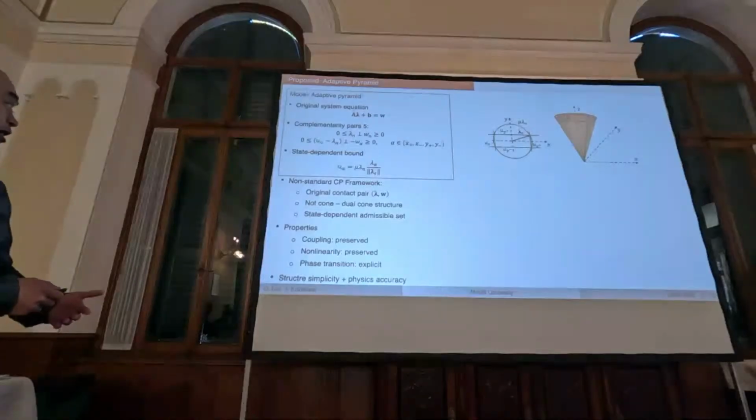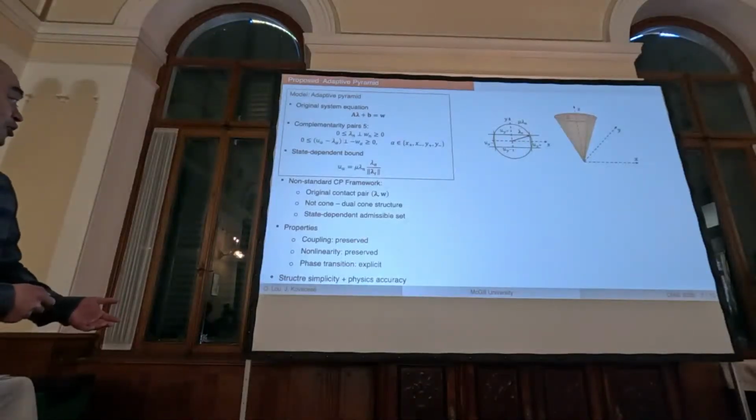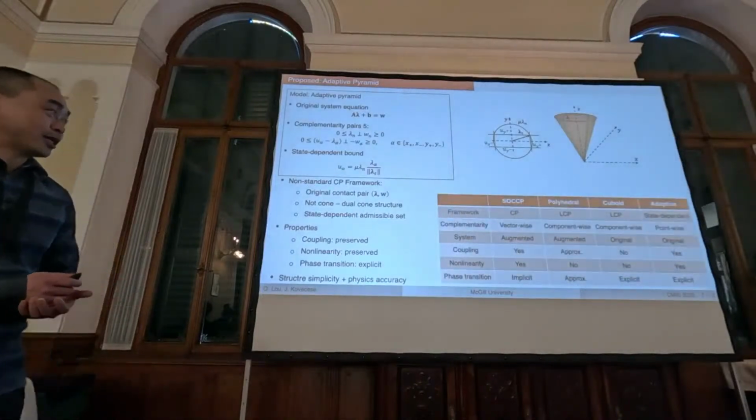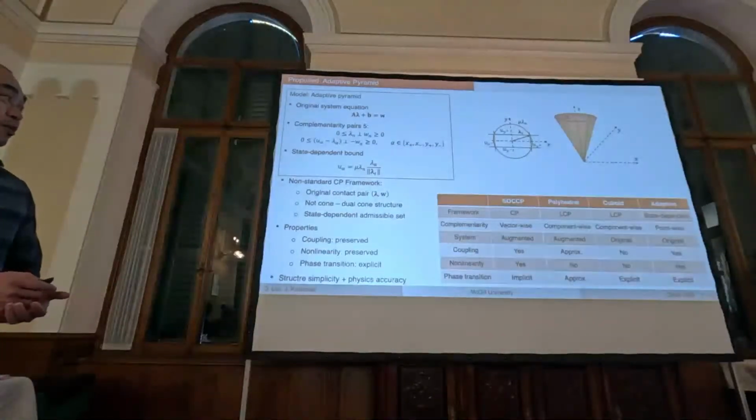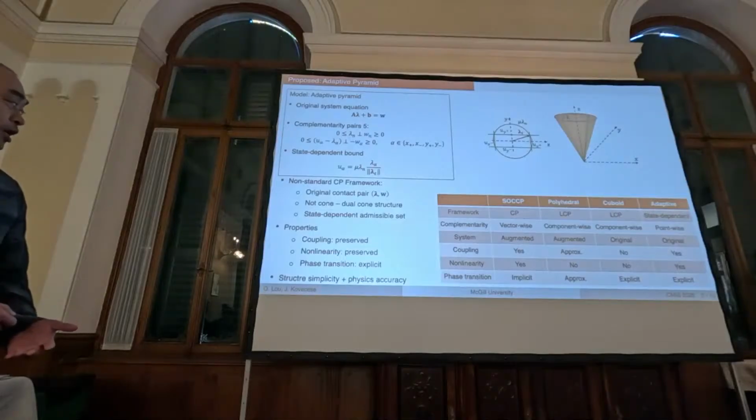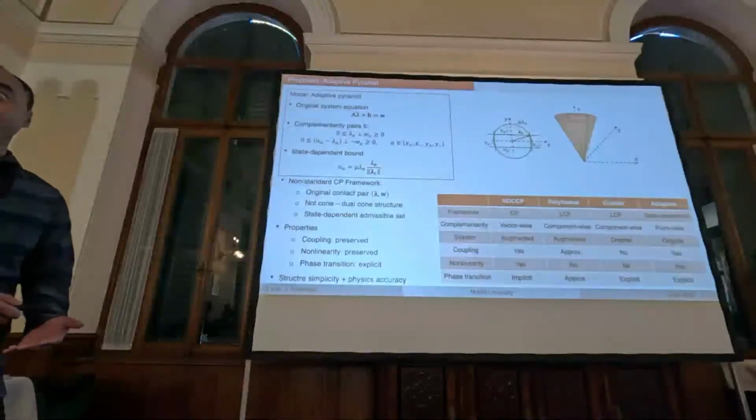But on the other hand, it faithfully recovers the properties of the contact law. Here is a comparison table summarizing all 4 models, and we can see this adaptive model reaches the structural simplicity of the LCP cuboid while recovering the physical accuracy of SOCCP.